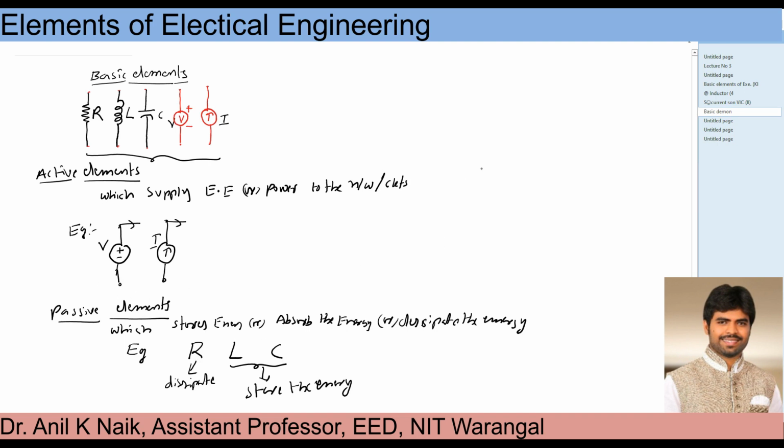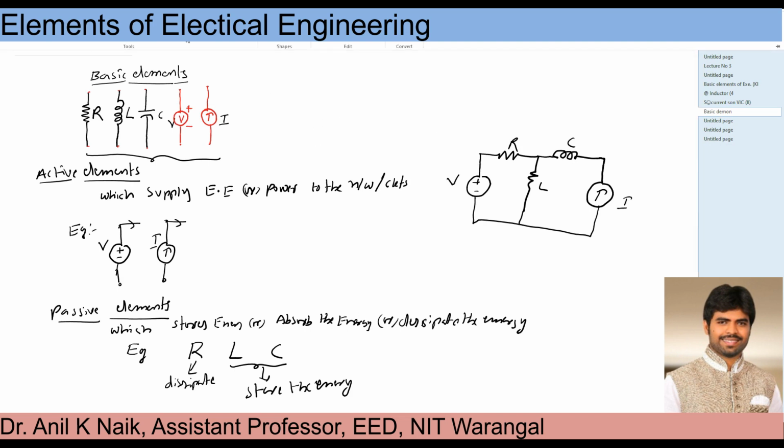Now if I draw a diagram here, can you identify the passive elements and the active elements? This is my voltage source and a resistance, one more resistance, and I'm assuming some inductance here, and this is my current source. From this network, what are the active elements and what are the passive elements?